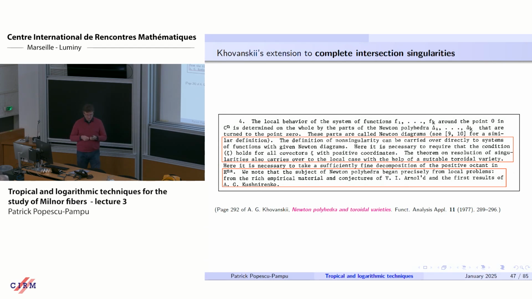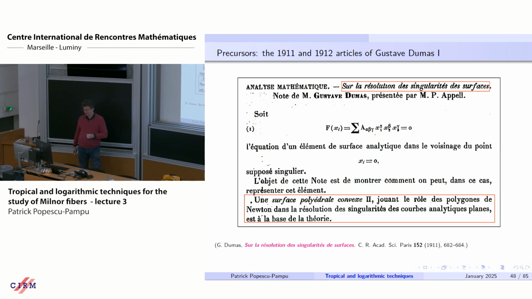But in fact, somebody nearly completely unknown nowadays by singularists already imagined this, to do toric modifications in order to resolve singularities, much before toric geometry existed. So I think it was in a context where nobody could have in mind to see the value of what that person did.